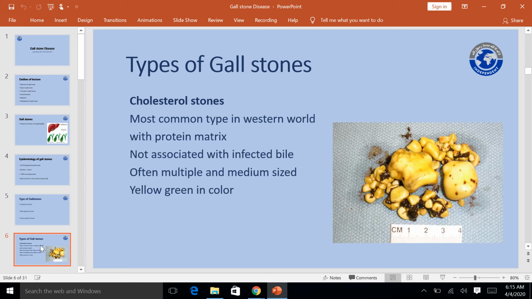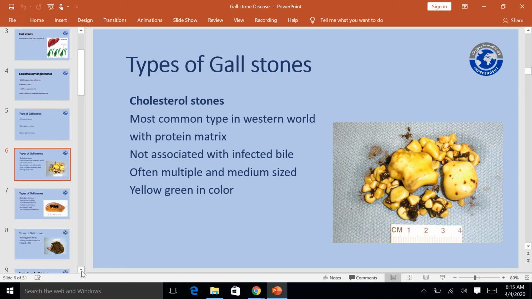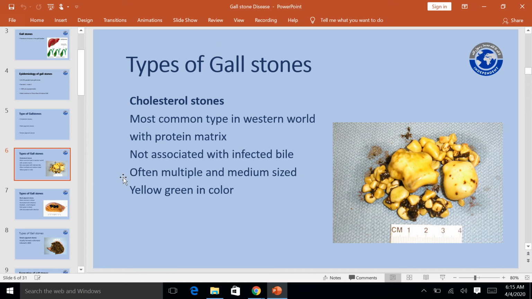The cholesterol stone is the most common type in the Western world, and it is not associated with infected bile. They are often multiple and medium sized, yellow green in color, and they are usually due to increased cholesterol in the body.